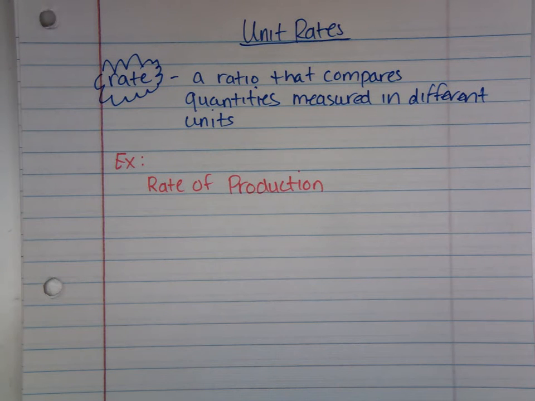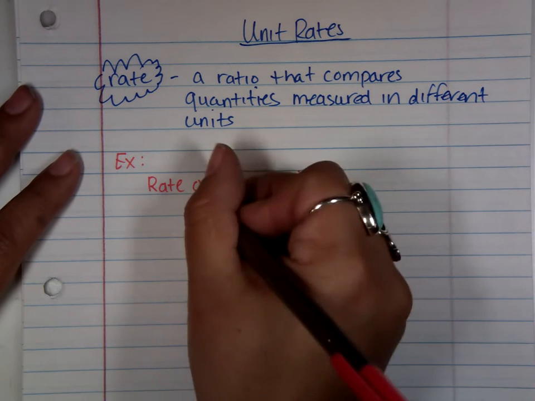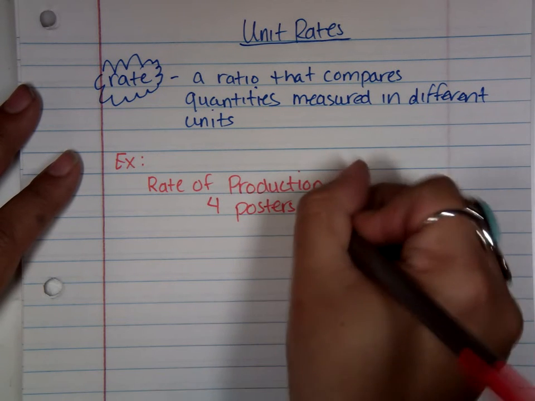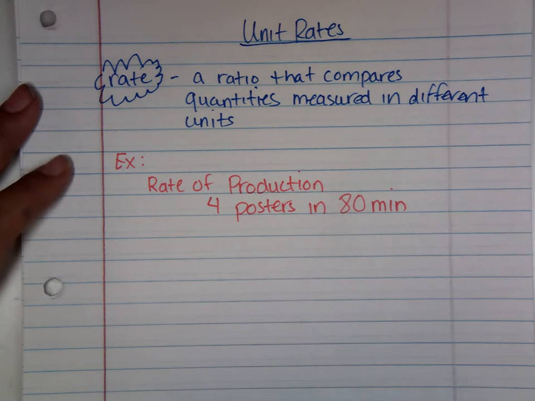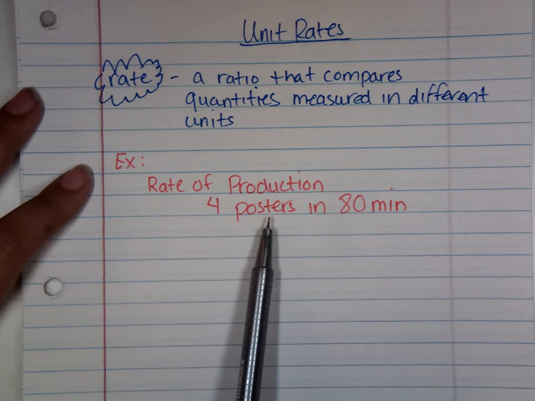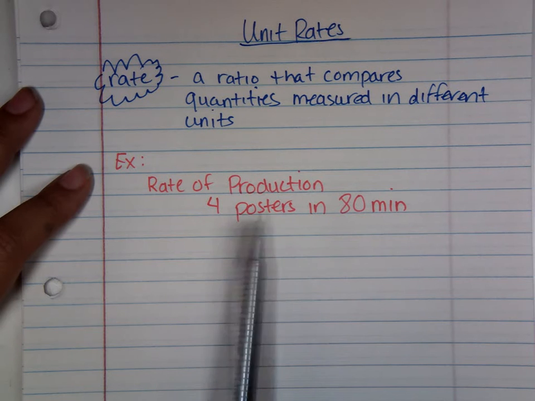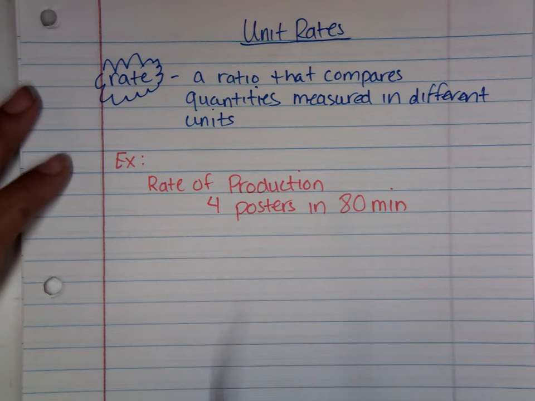So, for example, one rate of production we could say is 4 posters in 80 minutes. This is a rate. We're talking about posters compared to minutes. 4 posters in 80 minutes, and posters and minutes are 2 different units.